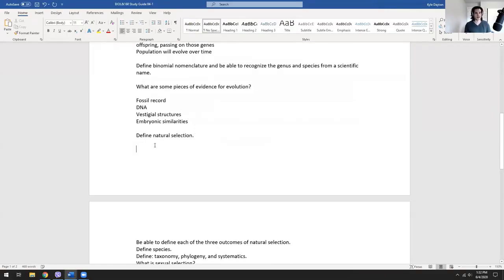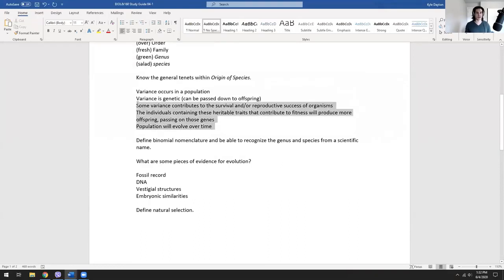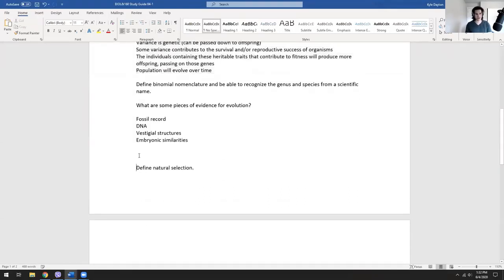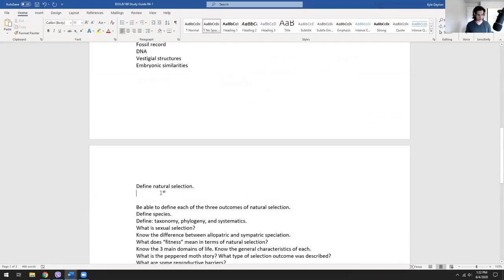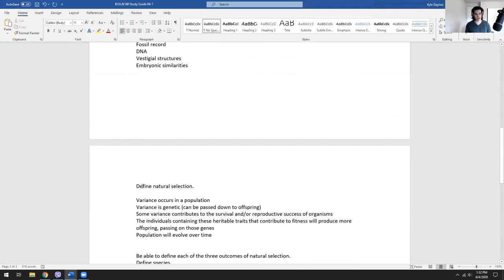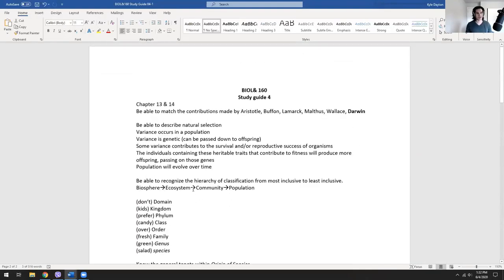All right, so define natural selection. Okay, here we go again. You can kind of just group all this stuff into one big chunk, because we've got evolution through natural selection. Actually, hold on. Describe natural selection. Okay, I defined it. How do we describe it? I guess we would have to simplify it even further.